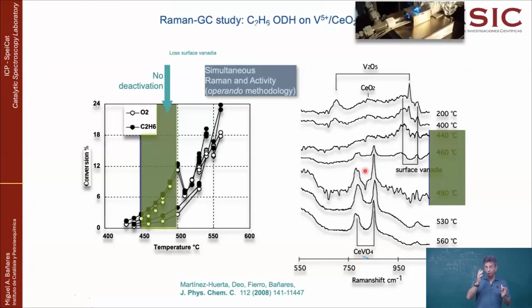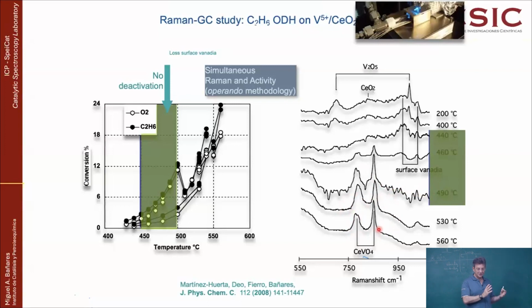Then you go not only into the quantity, but also into the quality of the spectra. If you look above 500 °C, the Raman spectra of cerium vanadate look a lot better: sharper, better defined, stronger. The signal-to-noise ratio is much better. So the cerium vanadate is much better defined above 500 degrees centigrade.